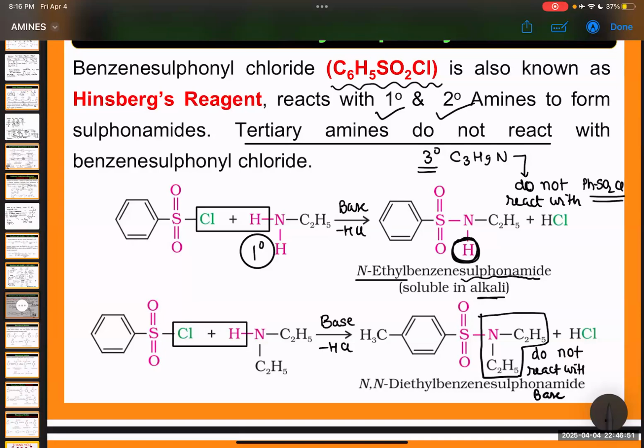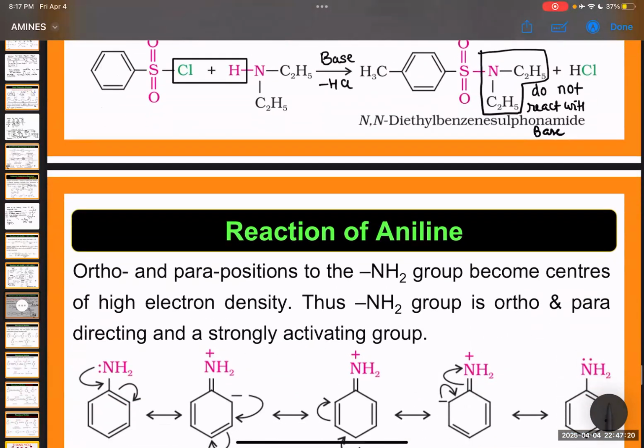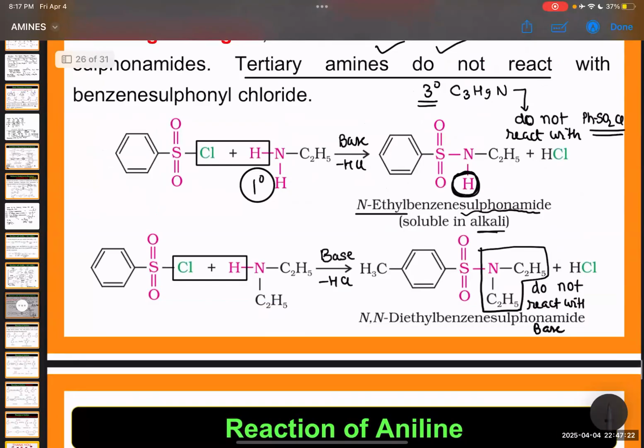So it will not react. So sulfonamides of primary amine are base soluble. Sulfonamides of secondary amine do not react with base. They are insoluble in bases. So this is the statement which you need to check for in the question, and with that you can make out whether the amine given to you is primary, secondary or tertiary. Got it? Is that clear?